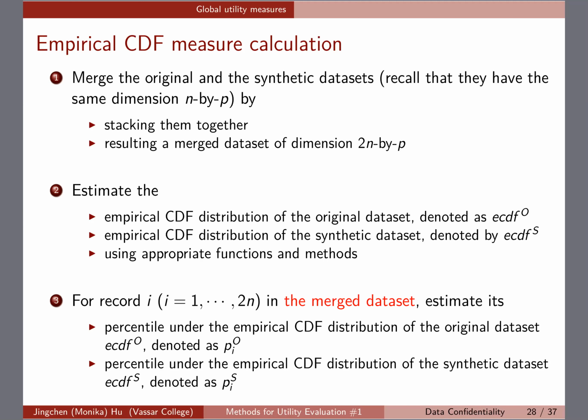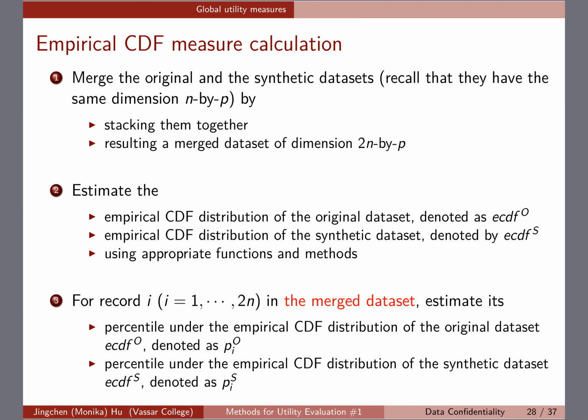We're trying to see if we can discriminate between them. Then in the third step, for each record in the merged data set, we have 2n records in total, and each record is either from the original or the synthetic.